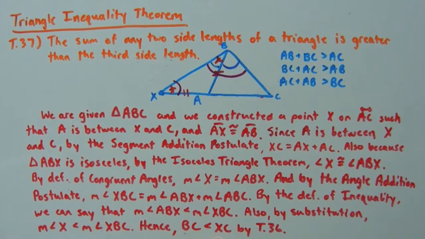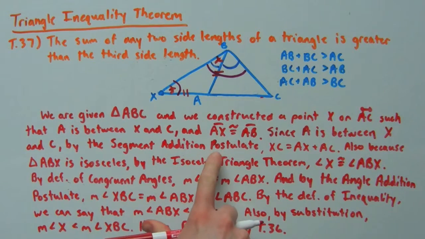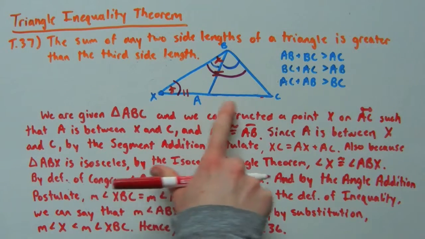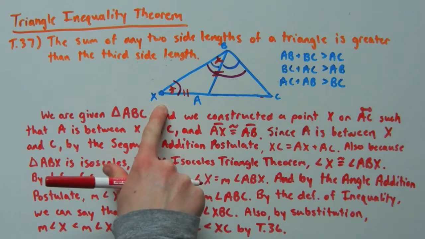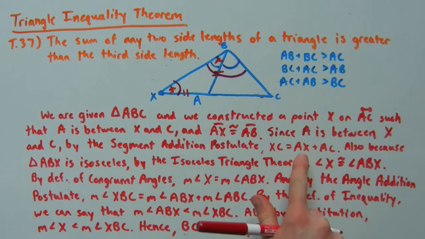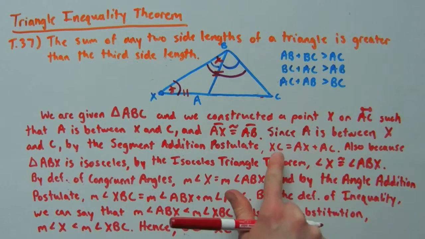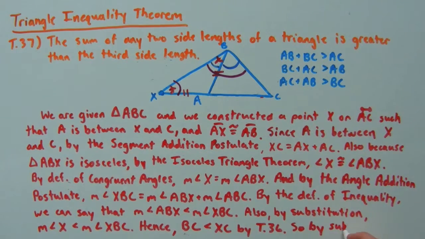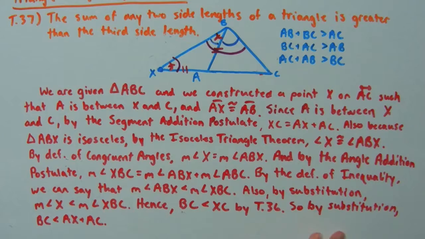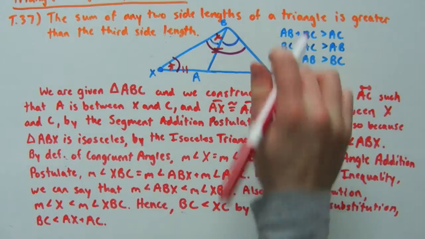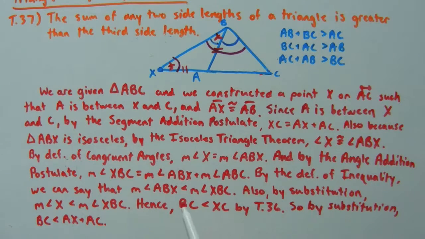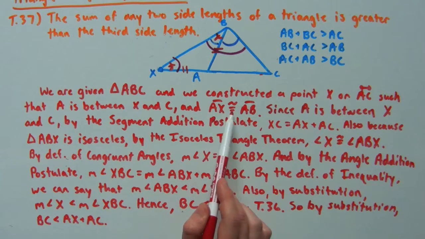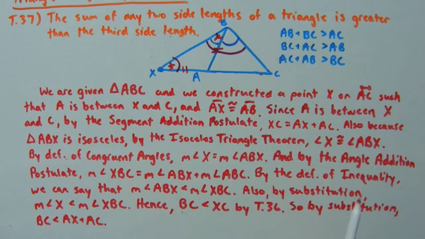But remember, when we used the segment addition postulate, we said that XC was equivalent to AX plus AC. So let's substitute AX plus AC in for XC. So by substitution, BC is less than AX plus AC, but remember, AX was congruent to AB.